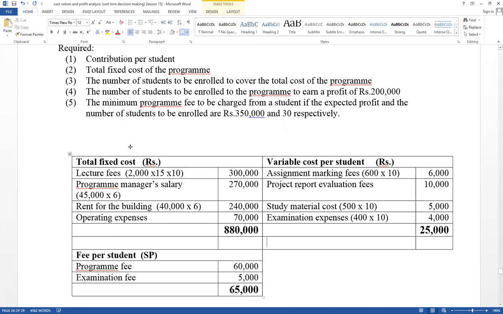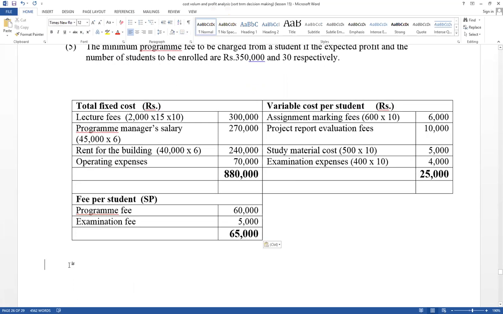Then requirement one, they ask for contribution per unit. Therefore, this is the way you have to answer. Contribution per unit, where per unit means per student, is selling price minus variable cost. This is the equation.